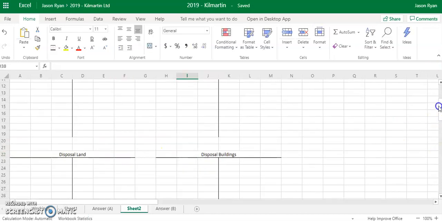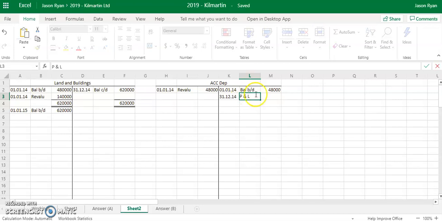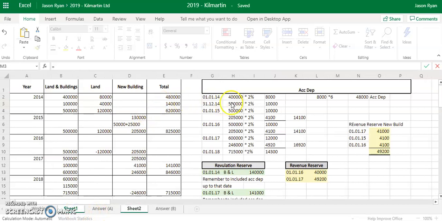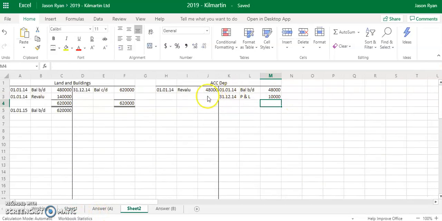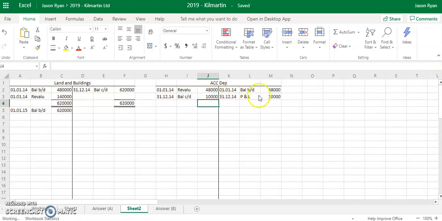Okay, and then we also need to put in depreciation for this year, for the profit and loss. We will calculate that, which is 10,000. So your balance then is 10,000.